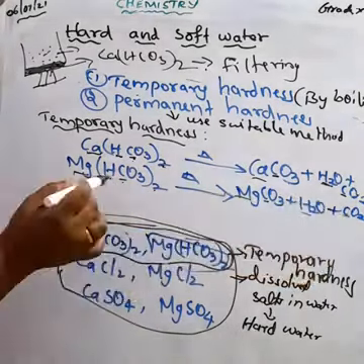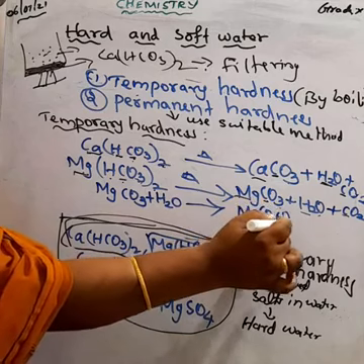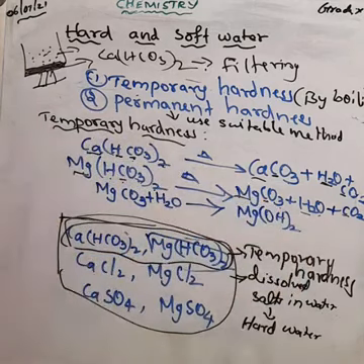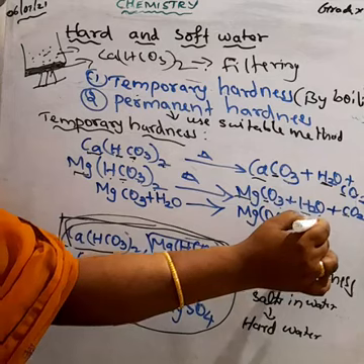Suppose the hard water contains magnesium carbonate salt. When magnesium carbonate, MgCO3, is present in water and we boil the water, it forms a precipitate of magnesium hydroxide, Mg(OH)2, and it releases carbon dioxide gas.